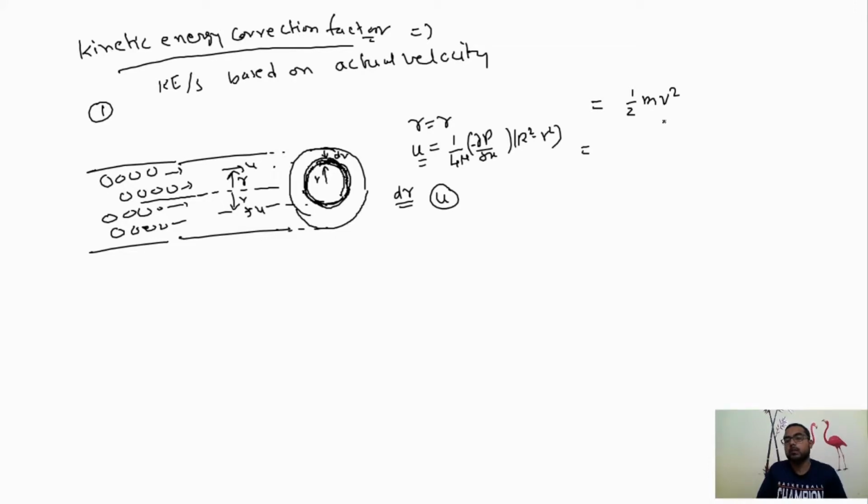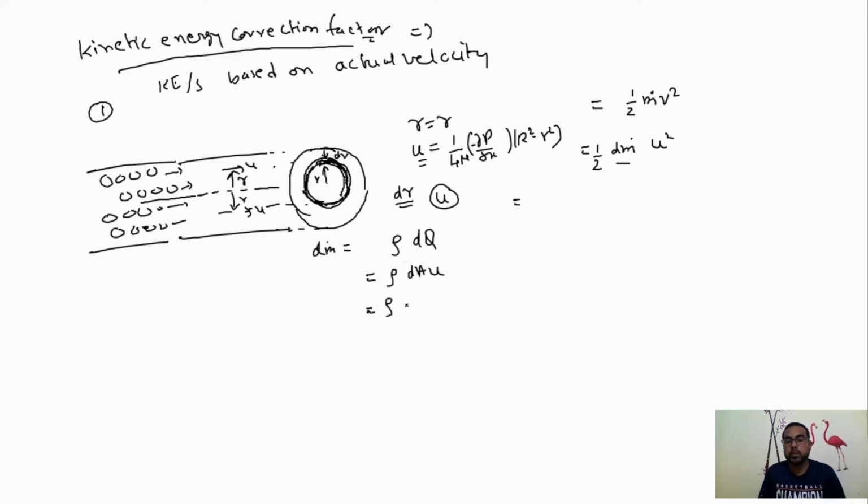Here we are dealing with kinetic energy per second, so we will consider mass flow rate. So this is half, with the mass flow rate of that small ring, suppose dm, and velocity u square, right? To calculate this dm: dm is rho into dQ, and dQ is dA into velocity.